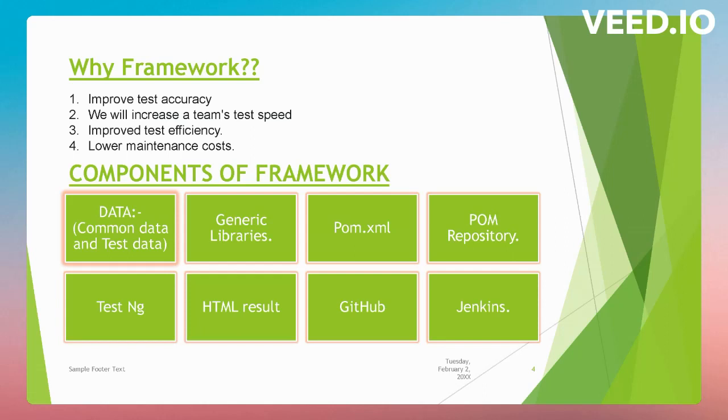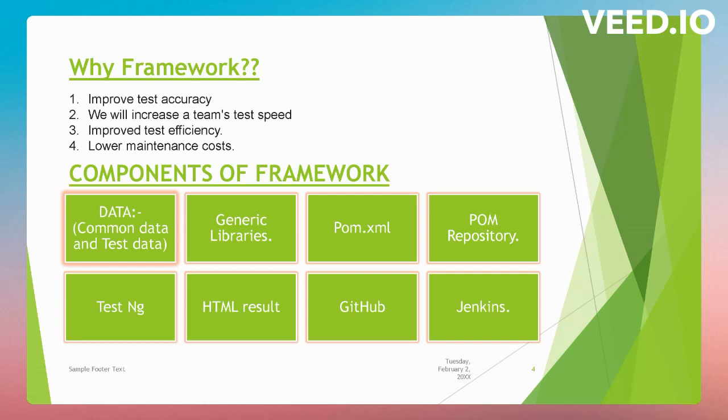We also use Maven and TestNG in our framework, and we go through the HTML result. We also put everything in the GitHub code repository, and use Jenkins as the CI/CD pipeline tool.